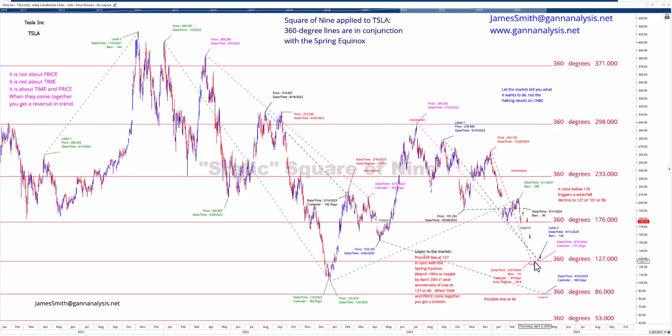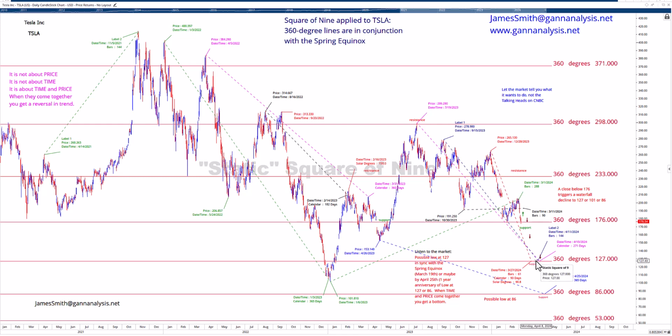And what I do have an advantage is that I take cycles seriously, unlike fundamentalists and trend followers. Cycles are very important. That's the key tool for Gann. When you combine the cycles with the price support, you have the potential for a reversal in trend. You bounce off 127 on, let's say, April 11th in sync with 144 trading days down from the high.